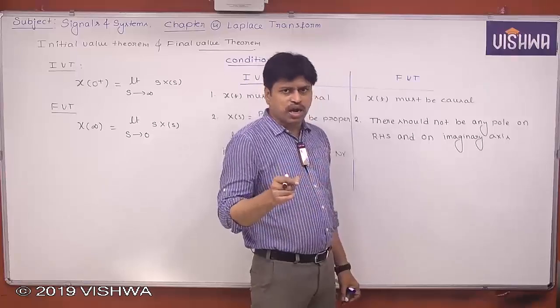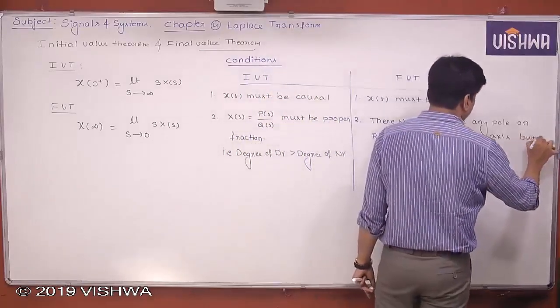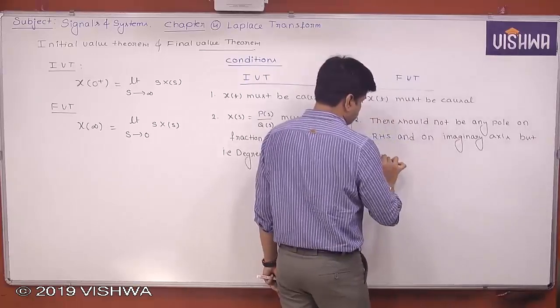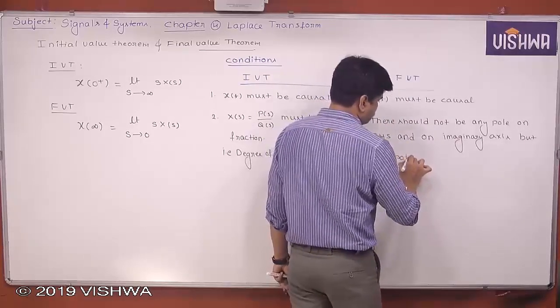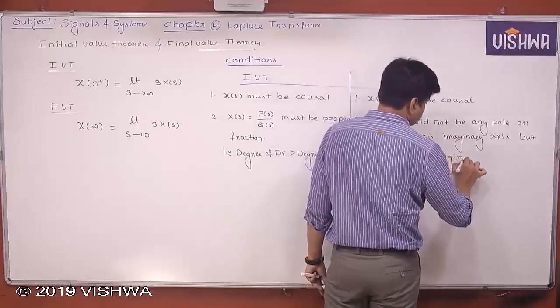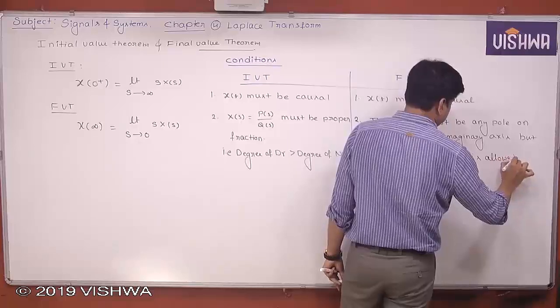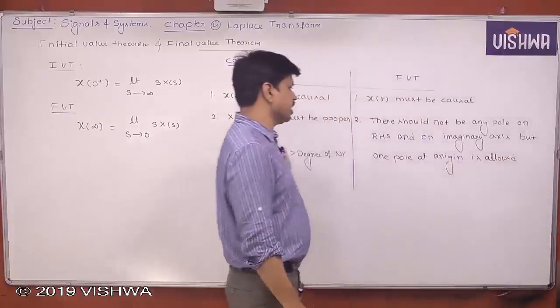But one pole at the origin is allowed. These are the conditions to apply the final value theorem.